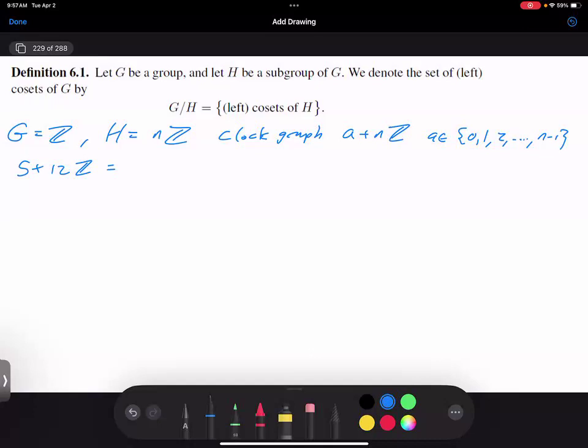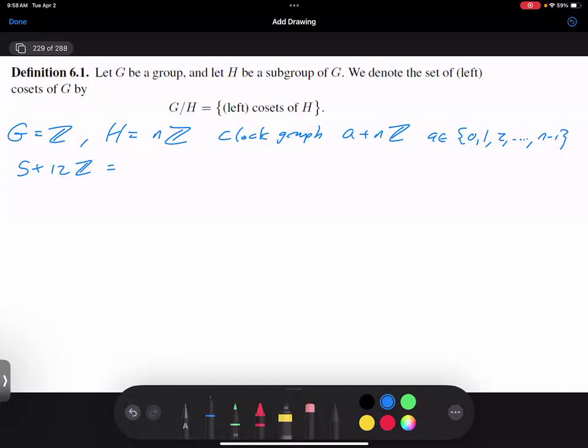How else can I write the coset 5 plus 12Z? I'm taking 12Z, all the integers that are multiples of 12, and adding 5, and that gives me a set.